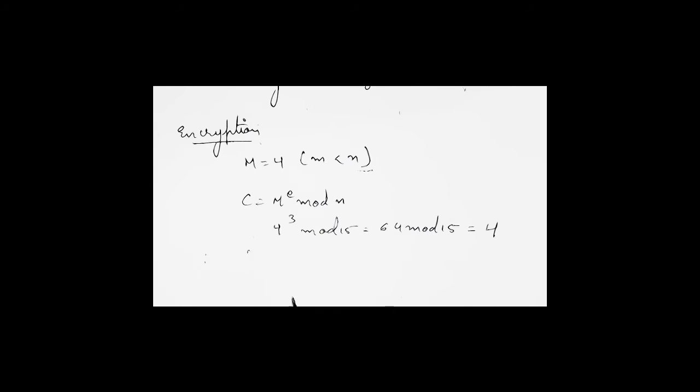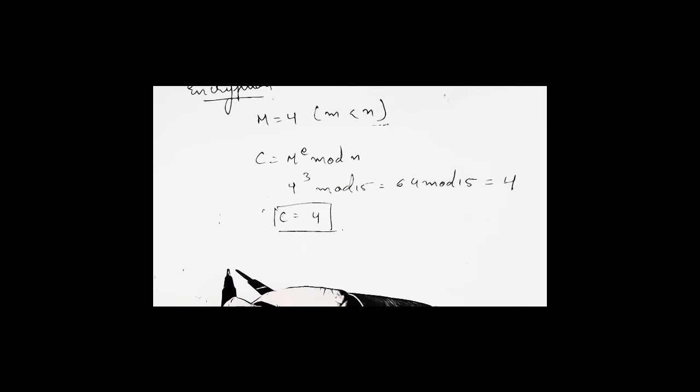So we have m as 4, e as 3 and mod as 15, which becomes 64 mod 15, and this answer would be 4. So we have calculated the encrypted data, which is 4.